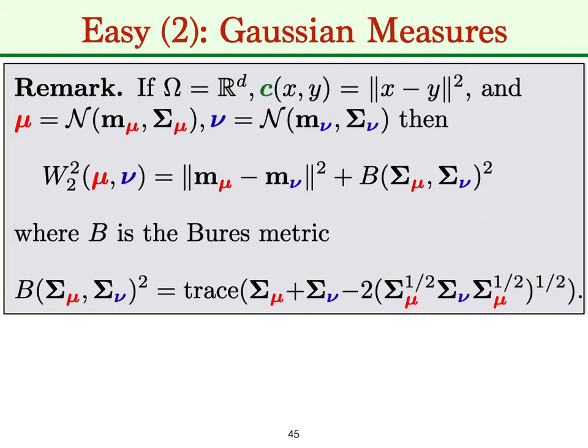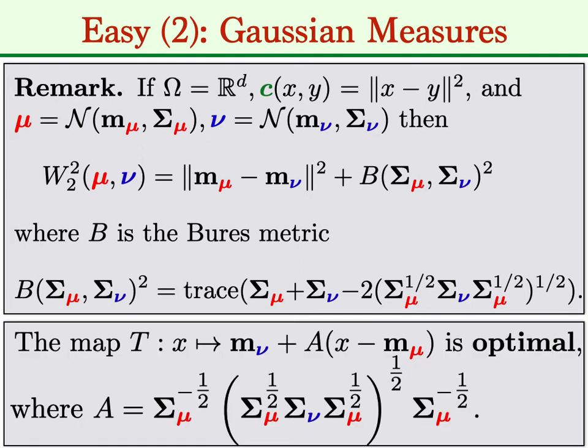So the Bures metric is this object that takes a trace of the first covariance, a trace of the second covariance, and subtracts some kind of mixture of the two, which is this matrix made of square roots.